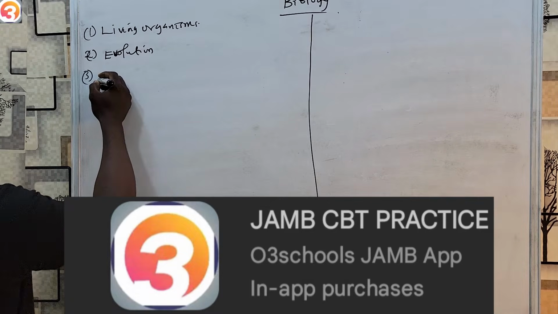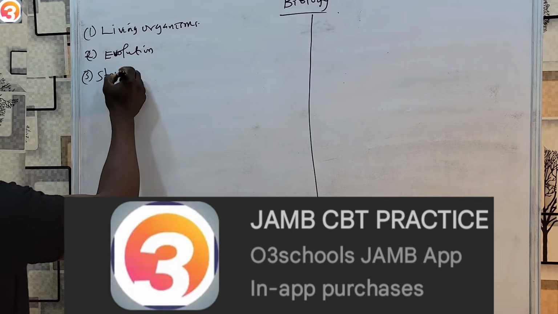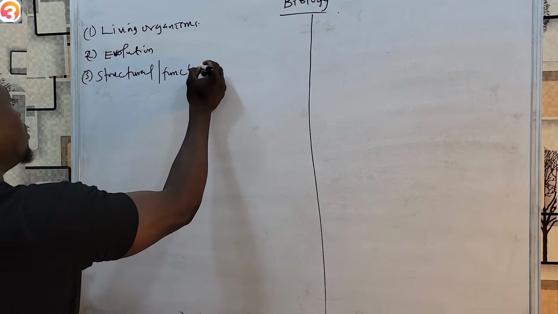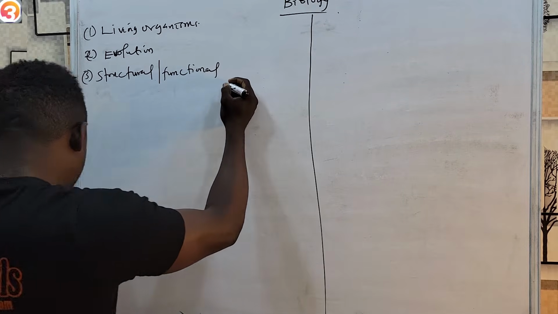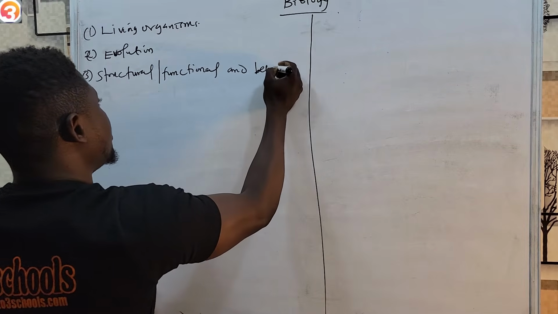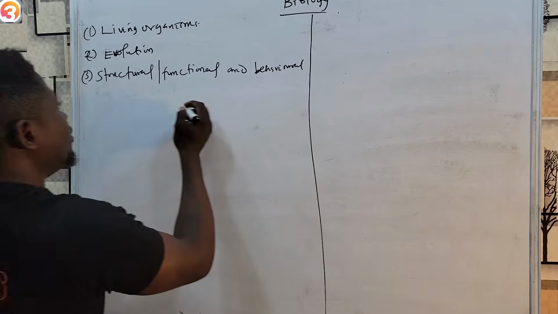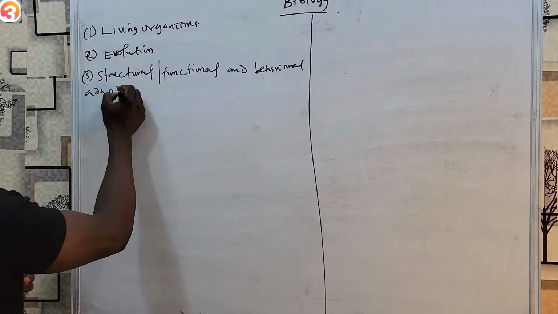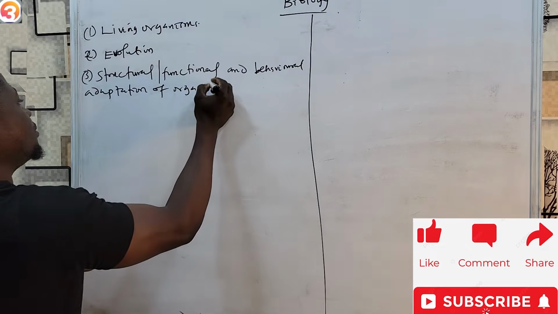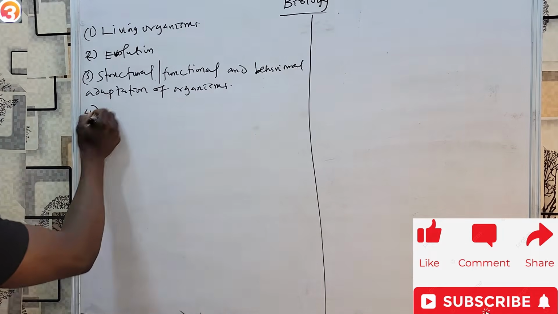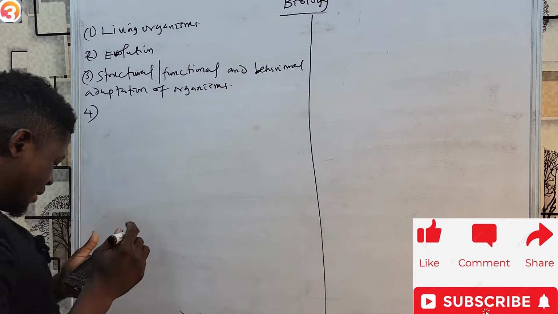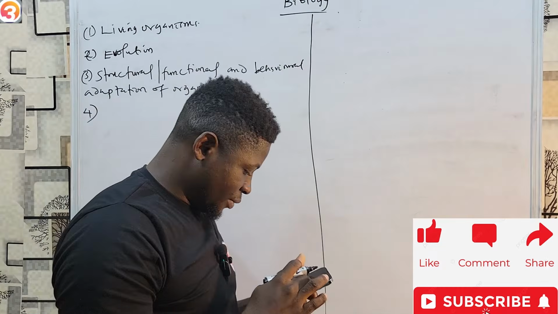So in the third topic, we are going to be considering structural, functional and behavioral adaptation of organisms. Then in the fourth topic, we're going to be looking at nutrition.